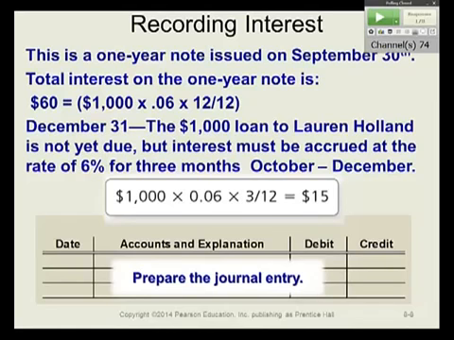And the interest has to be recorded in the appropriate period, so that you have 3 months in 2013, and the balance, 9 months interest, is in the following year. So at the end of 2013, you have to come up with an adjusting entry. And that adjusting entry is going to debit the interest receivable and credit interest income.